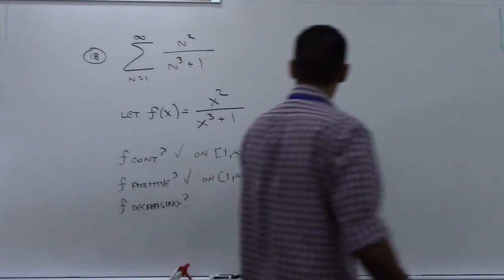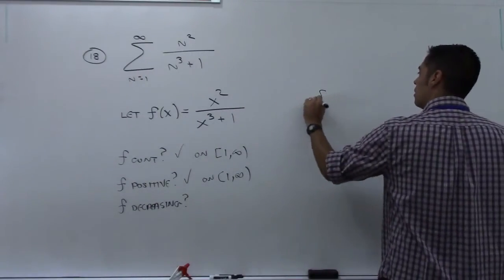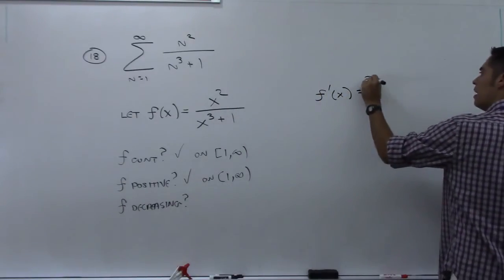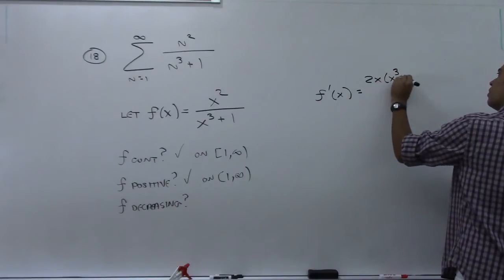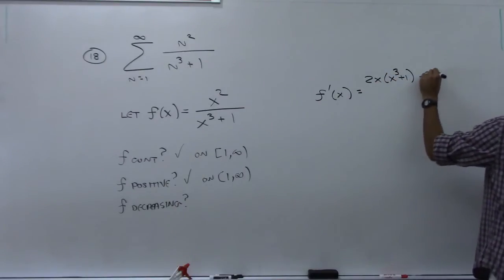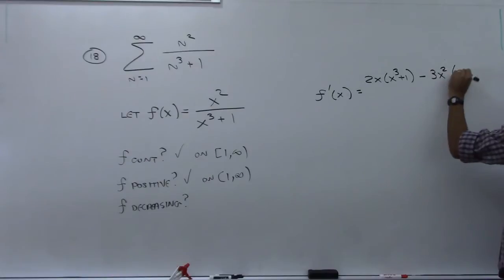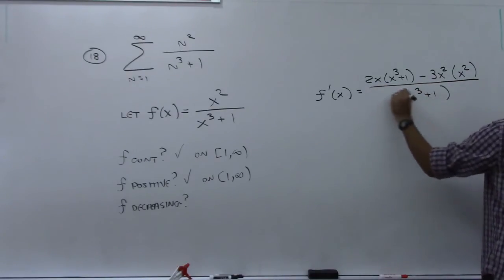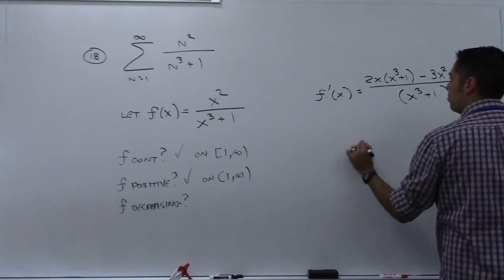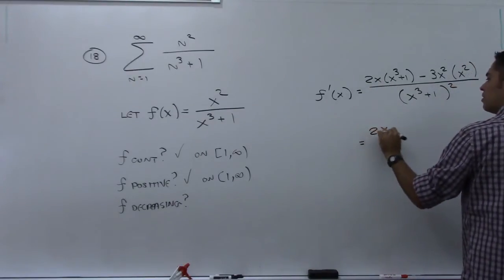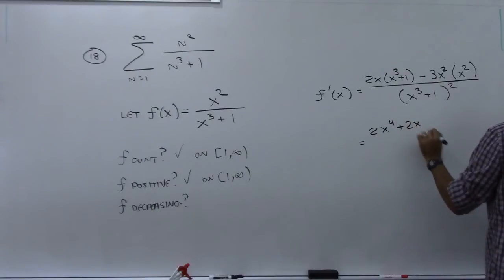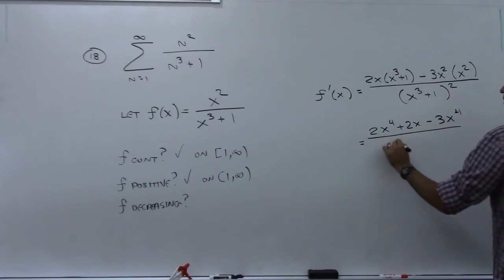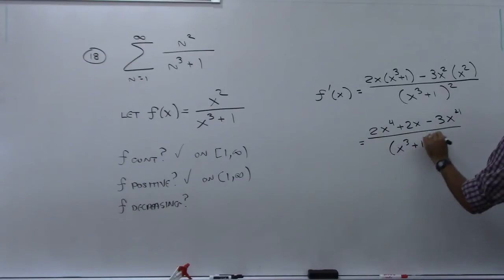So in order to show that, eventually, I need to look at the derivative of this. And I just use a quick quotient rule on that. 2x times x cubed plus 1 minus 3x squared times x squared, there's my quotient rule, all over the bottom squared. So this is 2x to the 4th plus 2x minus 3x to the 4th over x cubed plus 1 squared.